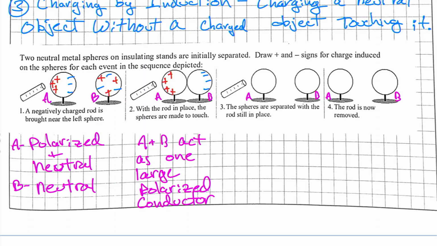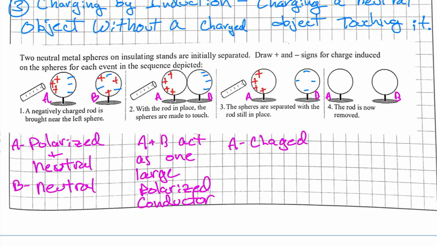Now, when we separate them and the rod is still there, we've essentially trapped those excess electrons over on the right. But because sphere B is farther away than sphere A, those electrons are basically going to be symmetrically distributed. So we can say that A is now charged. Here's if I could write and talk at the same time, that would be nice.